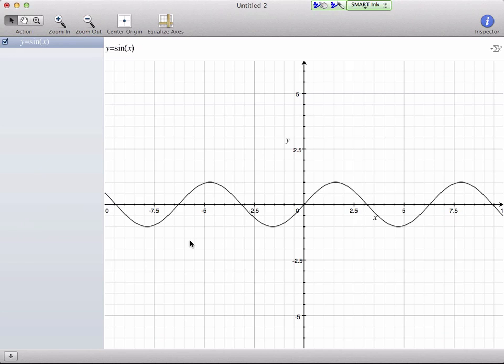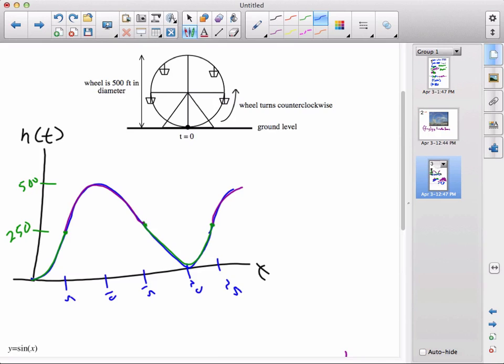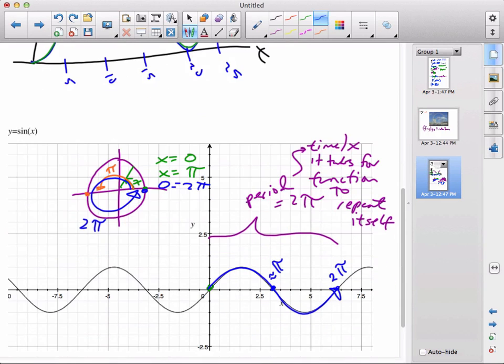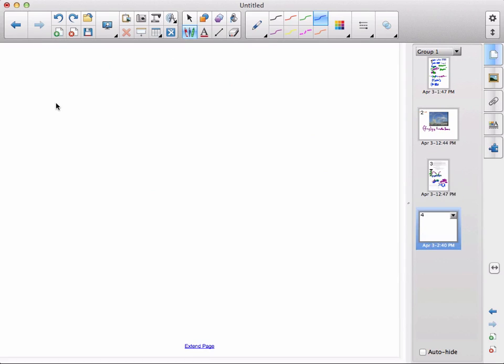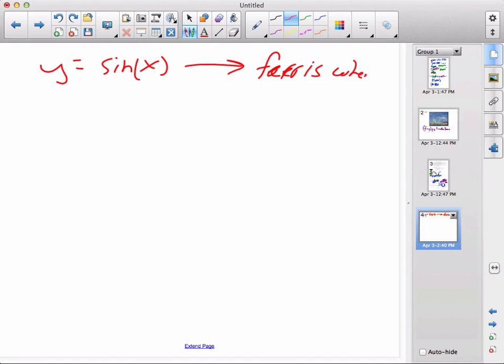And I'm wondering, maybe we can talk about transforming from y equals sine x to the Ferris wheel. And we're saying not just y equals sine x, but in fact f of x equals sine of x.